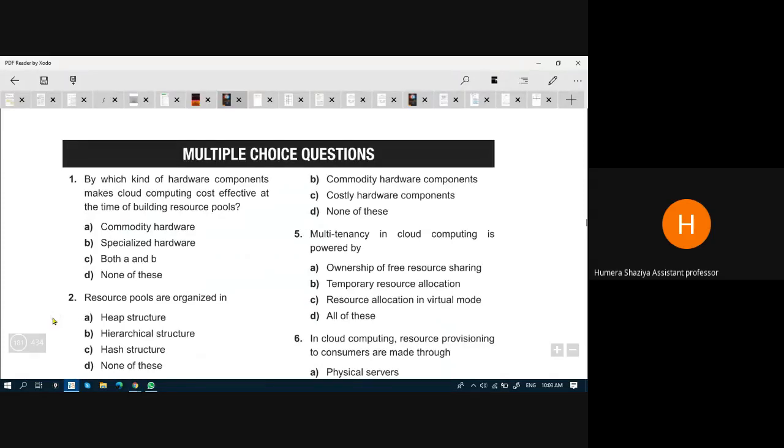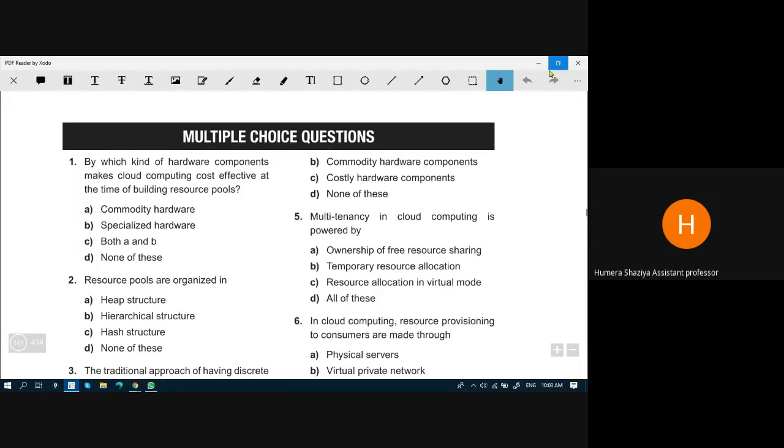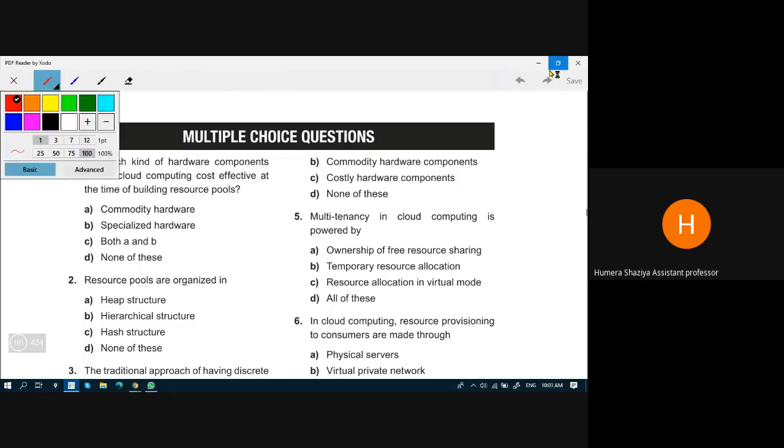By which kind of hardware components does cloud computing become cost effective at the time of building resource pools? What is the answer? The answer is commodity hardware.